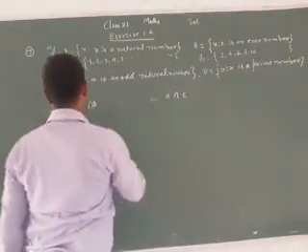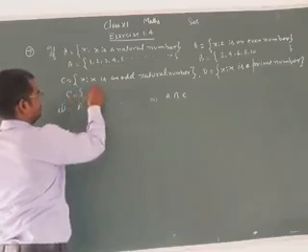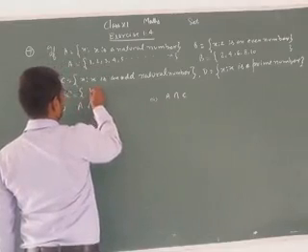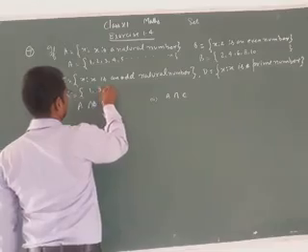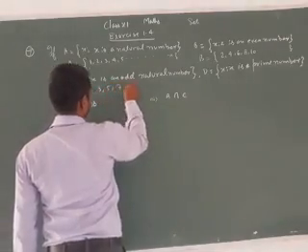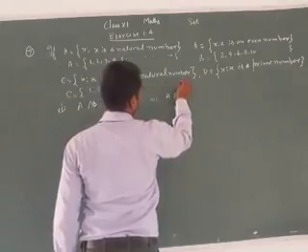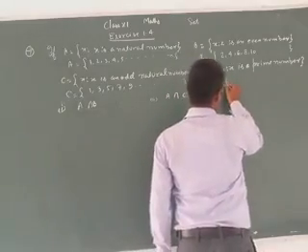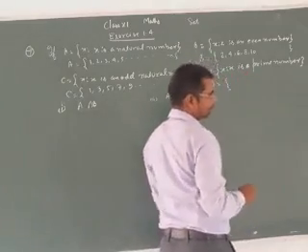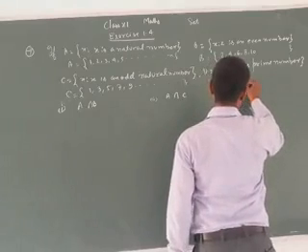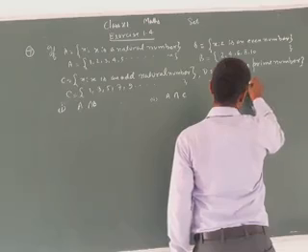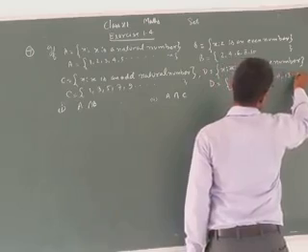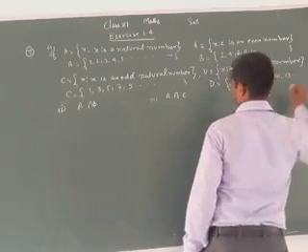Set C is x such that x is an odd natural number, so 1, 3, 5, 7, 9, and so on. And set D is x such that x is a prime number, so 2, 3, 5, 7, 11, 13, and so on.